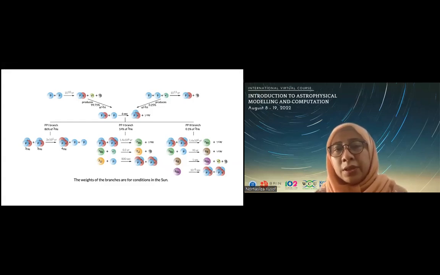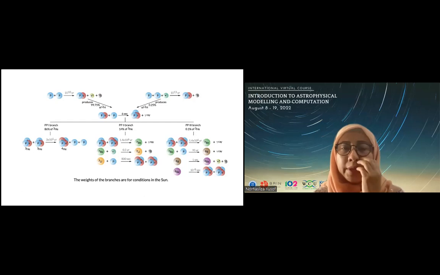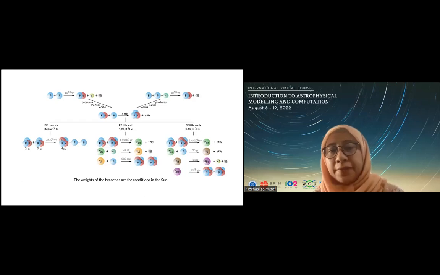Eventually hydrogen will fuse, and the product it produces will again fuse together. In the end, depending on what branch we calculate and the time, it will produce helium-3, helium-4, beryllium-7, lithium-7, and boron. So this is the chain of reactions that produces heavier elements.